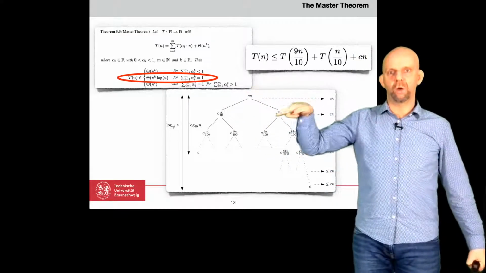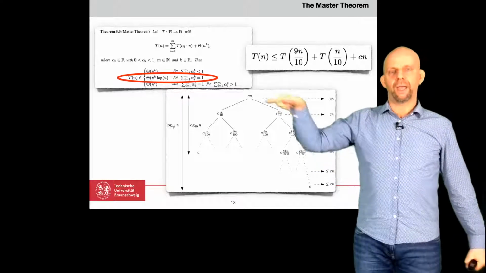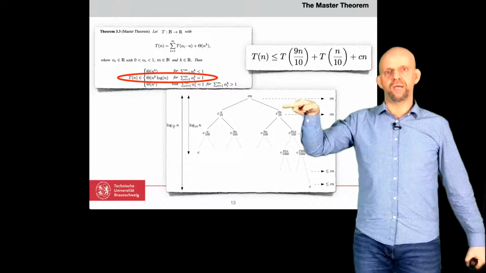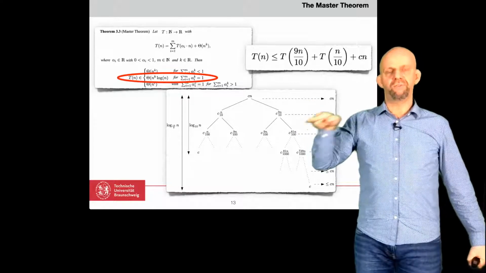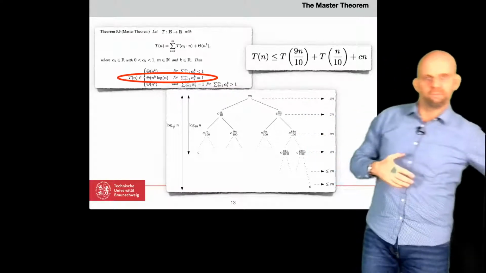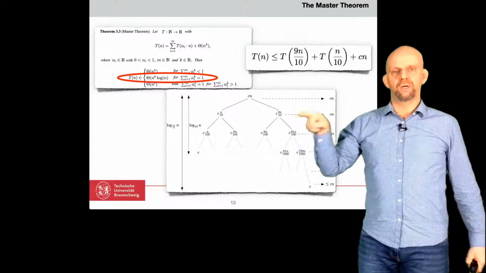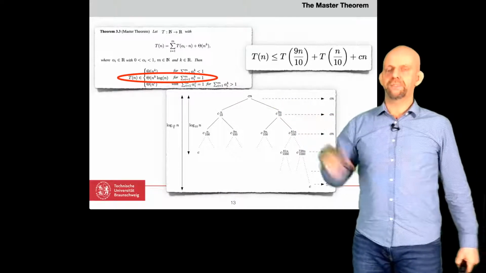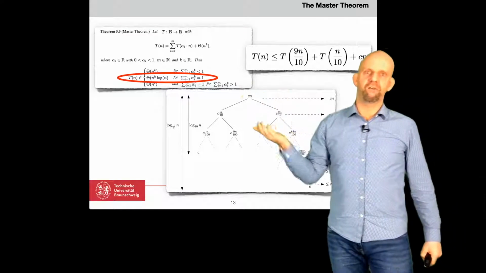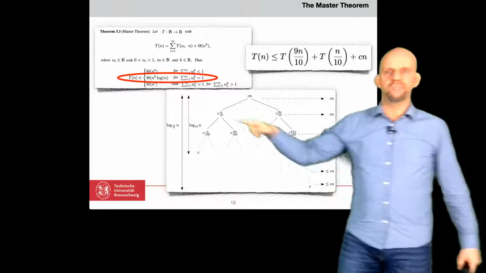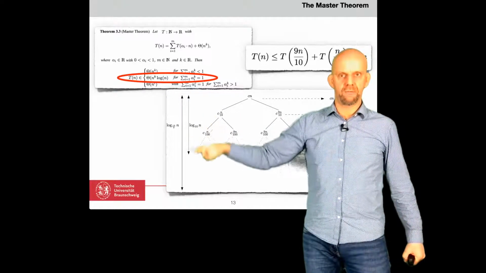And when you keep going down that tree, at each level, you're only having 9/10 of what you had before. So even if you always take the bigger, deeper side, overall, after a number of steps, dividing by 10 over 9 or taking 9/10 of that, you will get to a unique leaf, and so you still get a logarithmic depth of the tree.